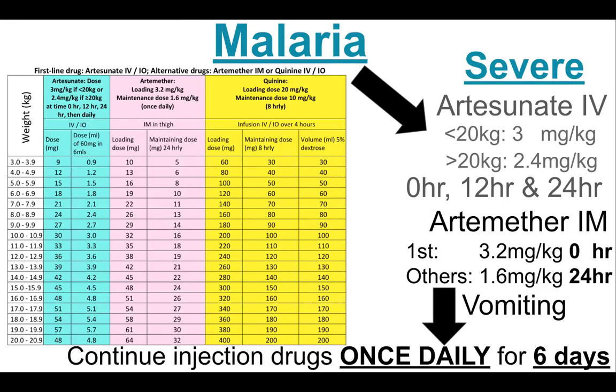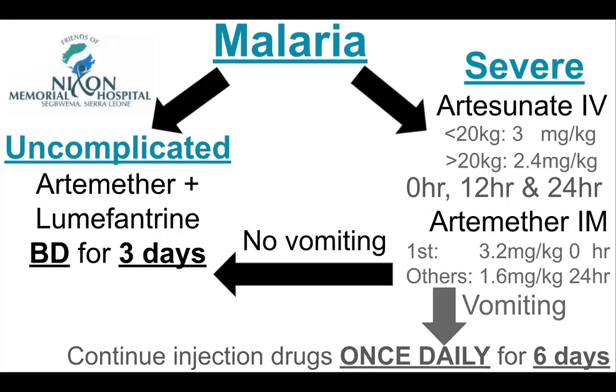So it's important to evaluate whether the patient is having any vomiting after 24 hours. If there's no vomiting, we can switch to tablet artemether lumefantrine and continue the tablet treatment for 3 days.